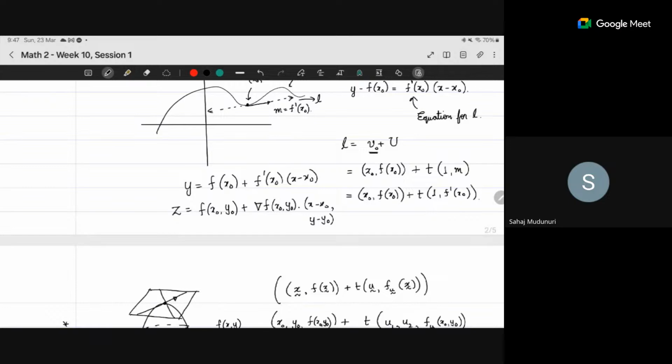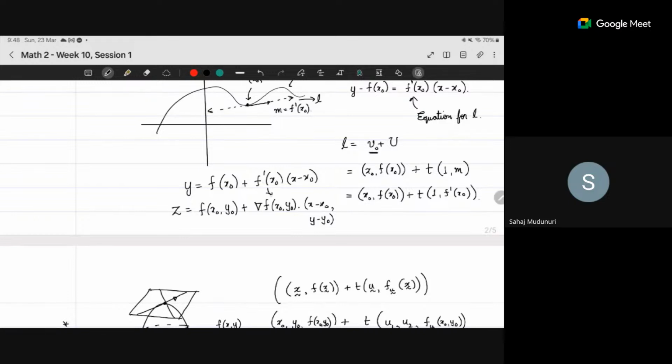So one easy way to remember the formula is this: a direct generalization of the one variable case, where instead of f prime x, we use the gradient. This is why the gradient is somewhat of an analog of the derivative of a function.